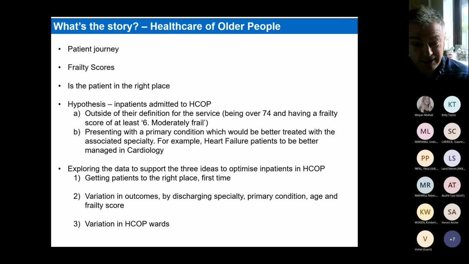What they were saying was we don't need everybody over 74 in our service. We need elderly frail people in the service, but anybody that's got a frailty score of lower than 6 probably should be somewhere else within the hospital.